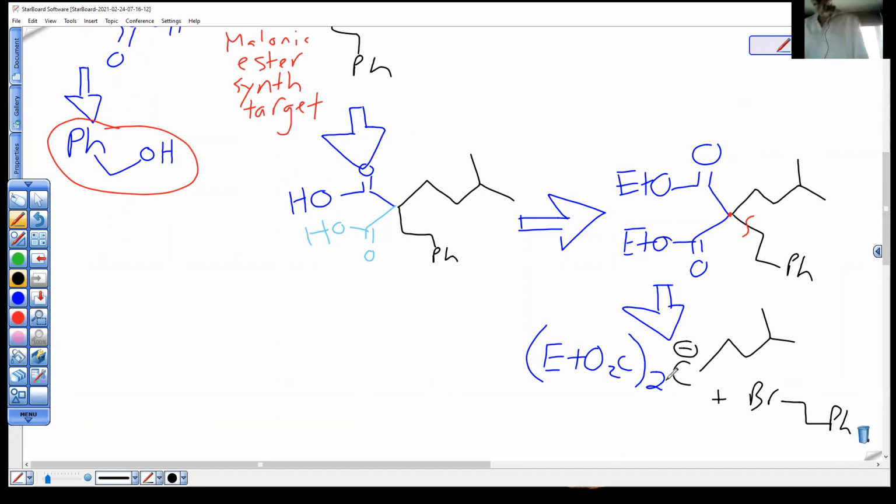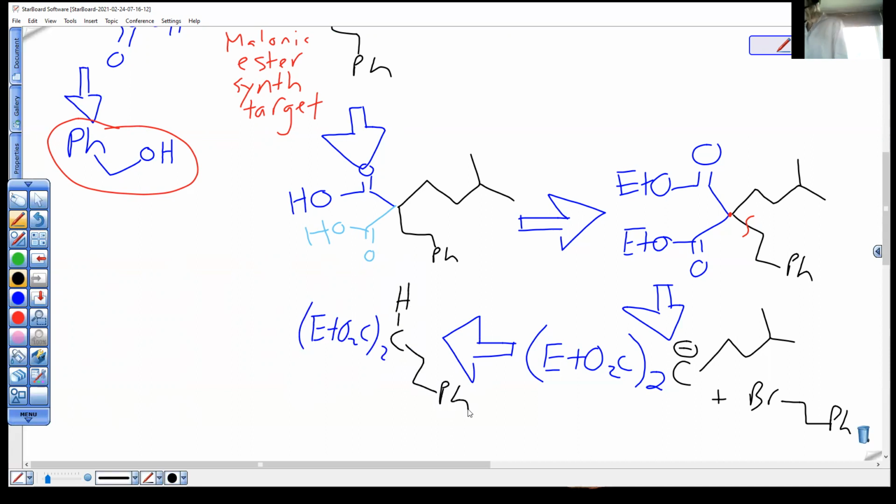Well, that one's easy. That is the conjugate base of an acid with a pKa of 10. 2 of those goes to a C that has an H and a homobenzyl group. I also know how to make that bond. Same protocol.